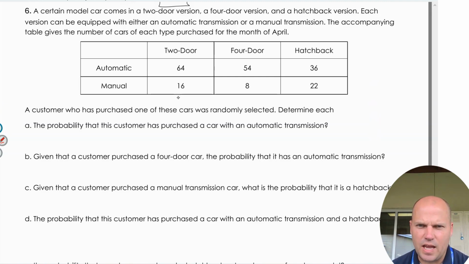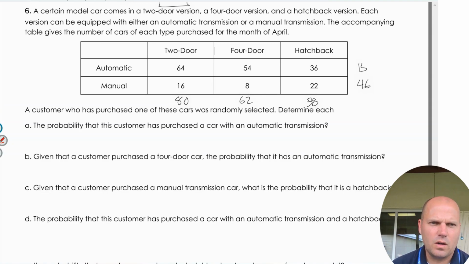64 and 16 is 80. 54 and 8 is 62. 36 and 22 is 58. 16, 8 and 22, that's 46. This is 154. Do these numbers add up? So annoying.